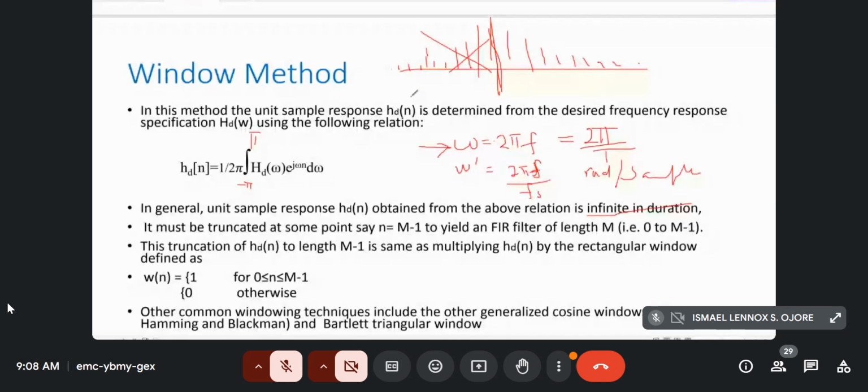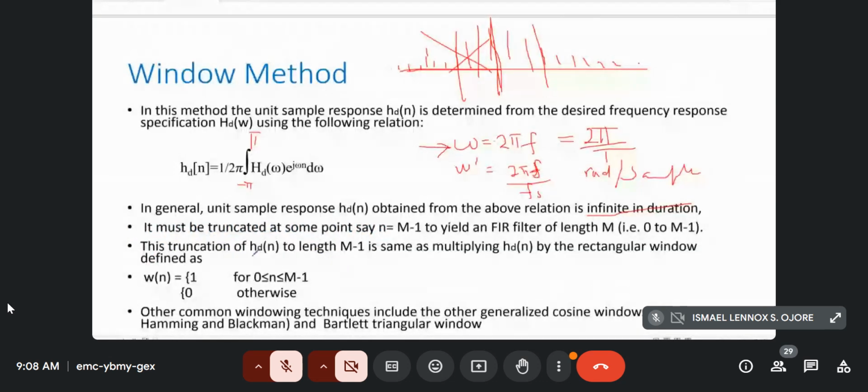So what you normally do is first truncate it around 0, and then shift it so that it is still symmetrical and is both causal and symmetrical. I think we are going to see it just now.